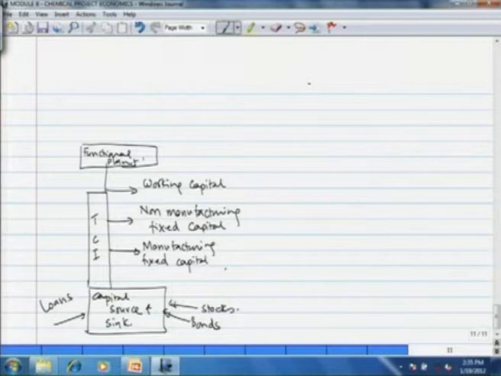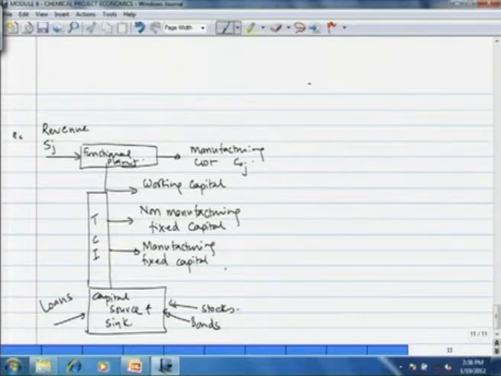The functional plant produces revenue from sales that we denote by letter Sj, and then it incurs the cost of manufacturing or production cost that we denote by C naught J.